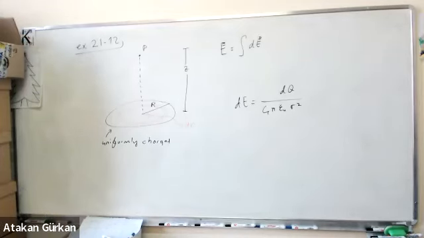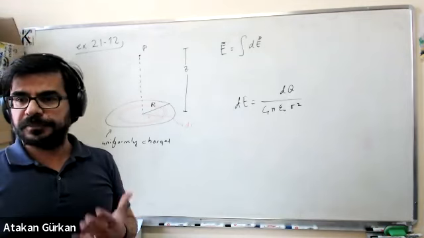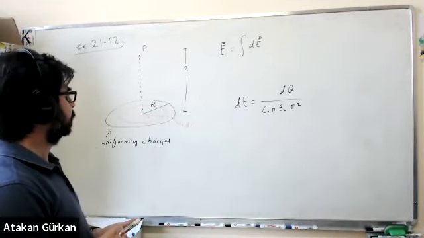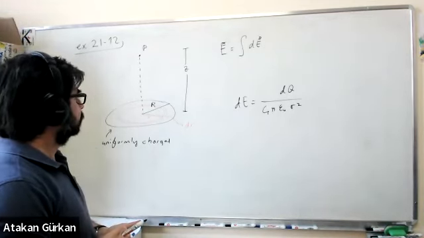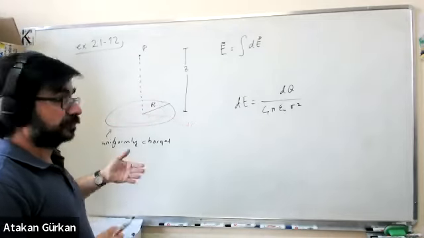Because this is already available, it's practical. Sometimes it's not going to be available, and you would need to go into little point charges. For example, this is uniformly charged.